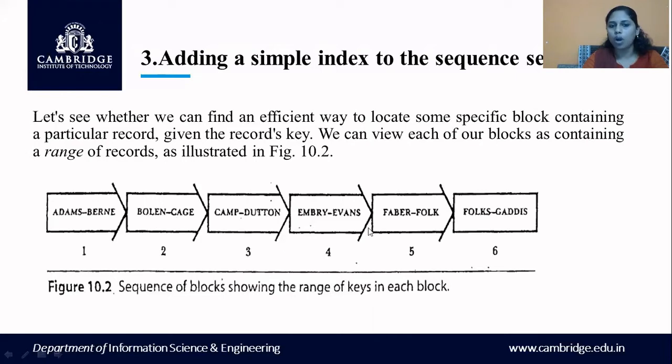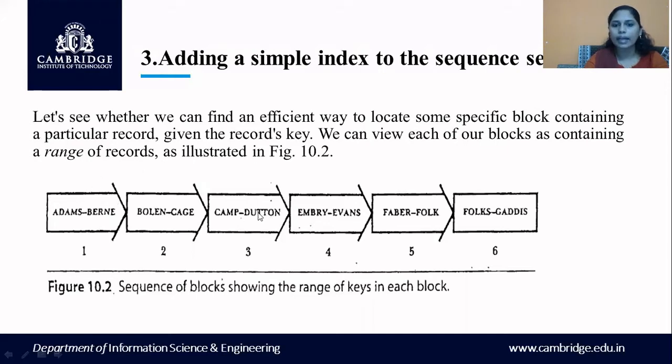Each block has a range of names that can be stored. So you can see here a sequence of blocks showing the range of keys stored inside the blocks. It is not the actual data. Don't understand that in this block only 2 names are stored. It is only showing you the range of names. You can have any names falling between this range.